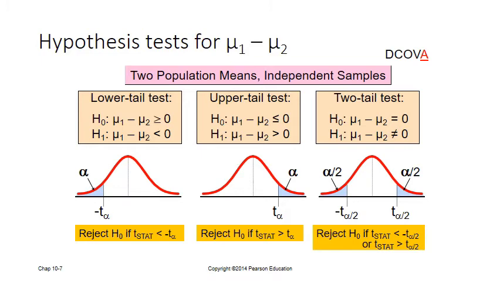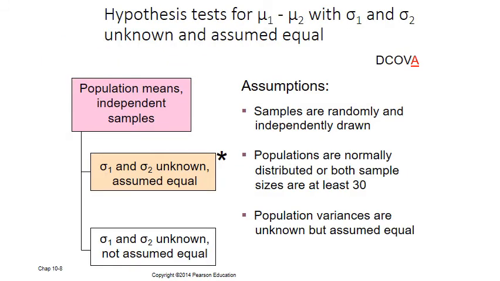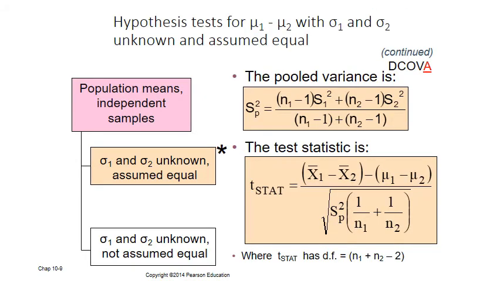Reject H0 if the absolute value is greater than the critical value. Okay, so these are the assumptions. We consider samples are independently drawn, normal population, sample size is at least 30, and population variances are assumed equal.